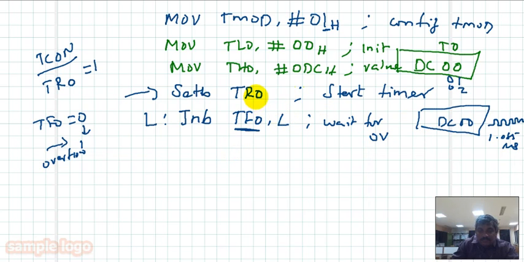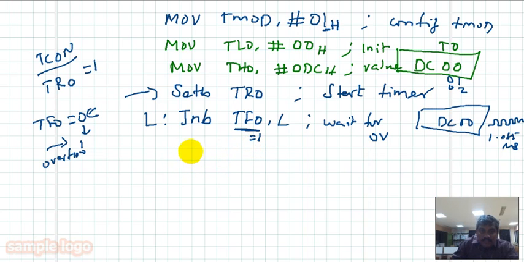Every clock pulse, when you start the timer, the TF0 bit will be monitored. The instruction is JNB, jump if the bit is not set. By default, the bit is 0, and if the bit is not set, go to L. L is here only. So you keep monitoring the bit TF0 until it becomes 1. When the bit becomes 1, it indicates the timer has reached the maximum, that is overflow. It gives a signal that the timer has generated the required amount of delay.